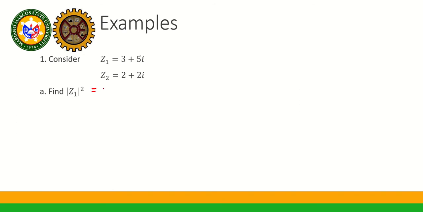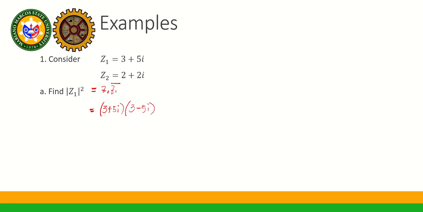So, this becomes z sub 1 times z sub 1 bar. Okay? So, how do we do that? Our z sub 1 is equal to 3 plus 5i. Now, z sub 1 bar is the complex conjugate of z sub 1. So, it becomes 3 minus 5i.